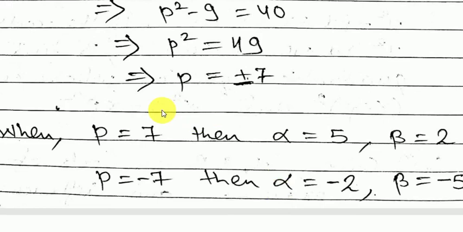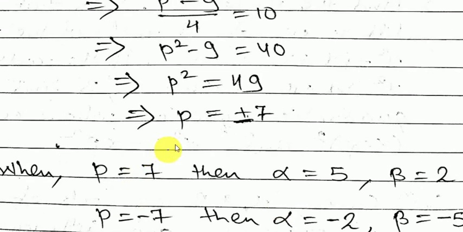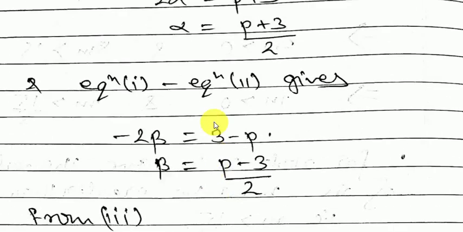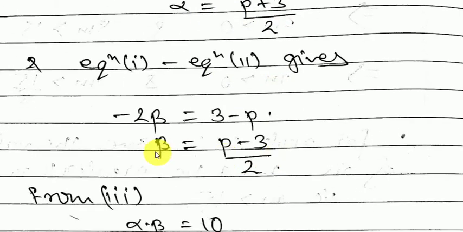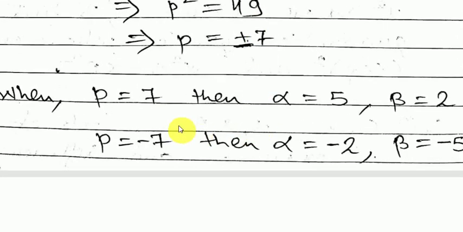It could be plus 7 or minus 7. Now I can use the value of p in this alpha, and I can use the value of p for this beta. Here I've got two values of p, plus 7 and minus 7.